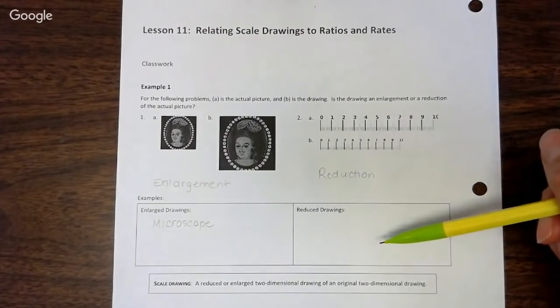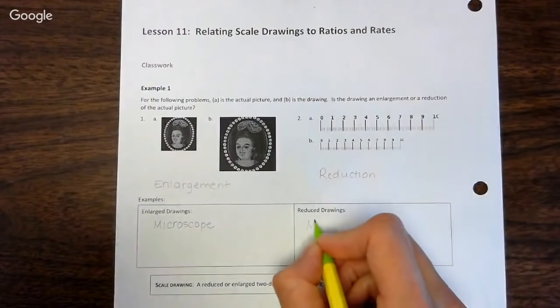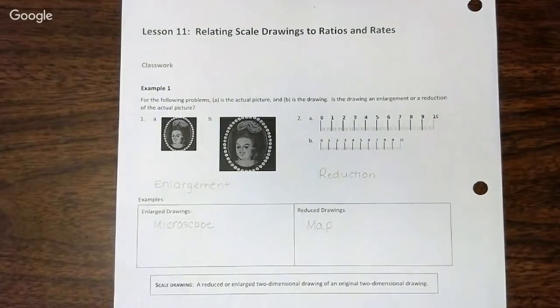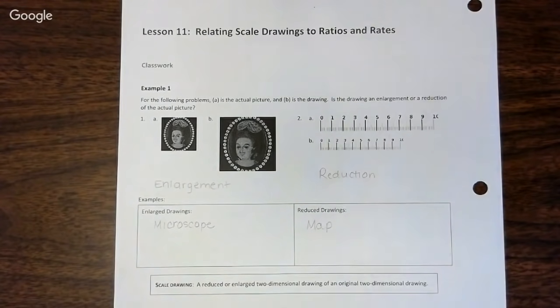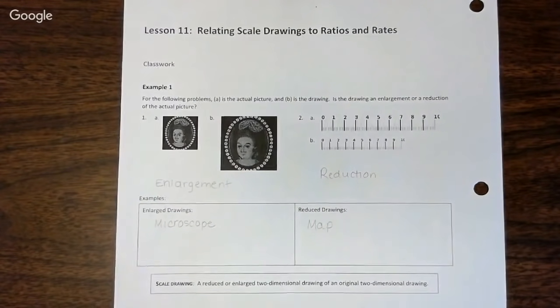A reduction might be a map. You can't actually draw these streets the same distance that it actually is. So we reduce the size and we use a map. That's a popular reduced drawing.